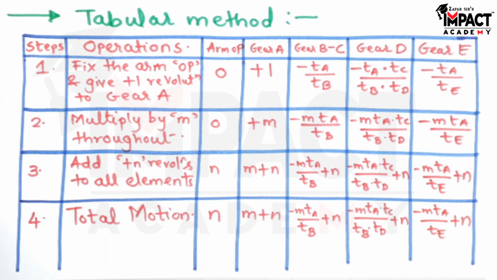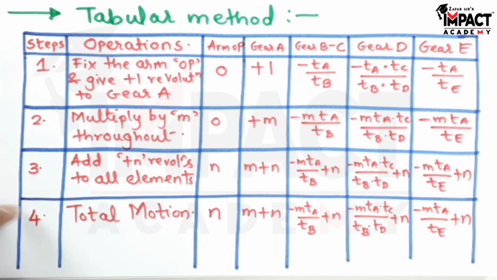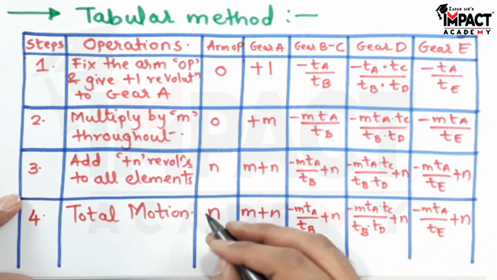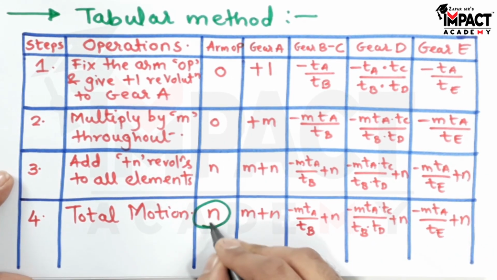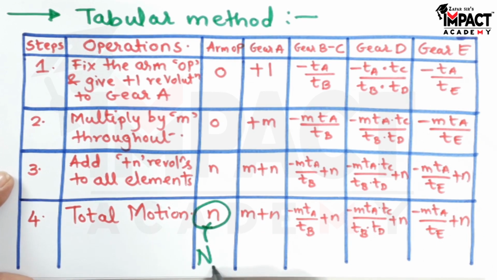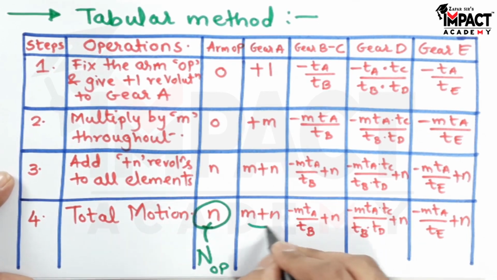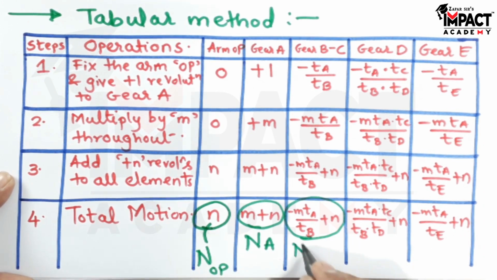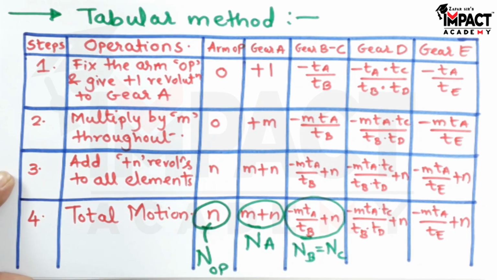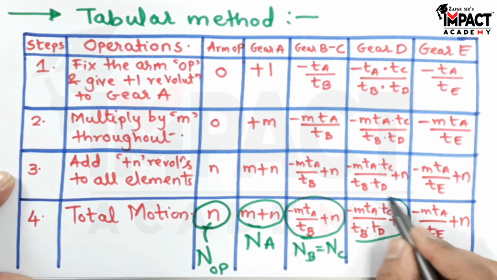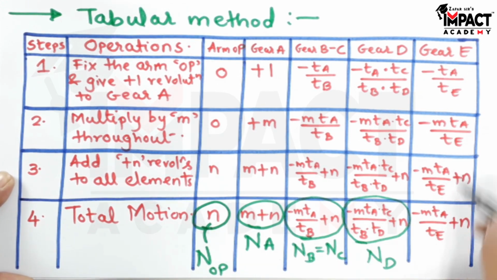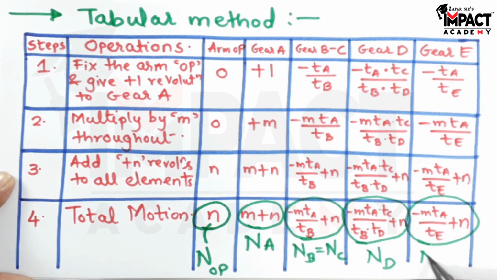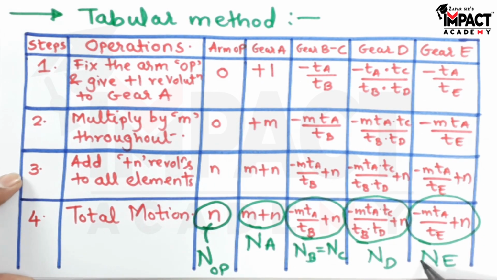So in the total motion we are getting the speed of all the elements, starting with arm OP. This is the speed of arm OP. Then gear A, B and C are the same. Then gear D. Last gear E. So these are the speeds which we have to use.